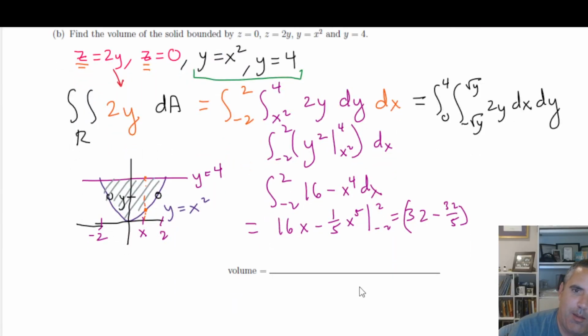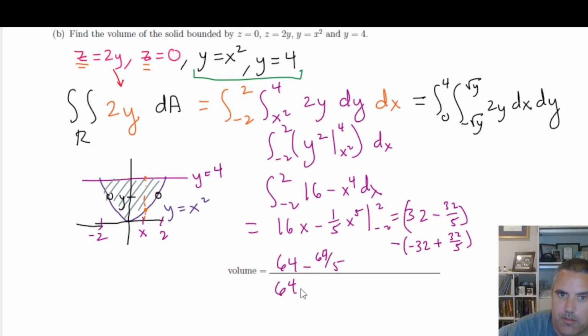So at this point, I probably would just multiply it times 2, but I'll write it here. -32 plus 32/5. So I'm seeing that it's 64 minus 64/5. If it was me, I would factor out the 64. And so it's 64 times 4/5, which I think is 256/5. And you didn't have to do all that simplifying, but it then simplifies.